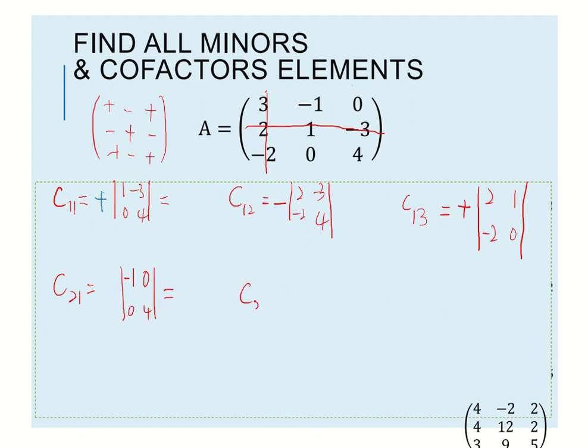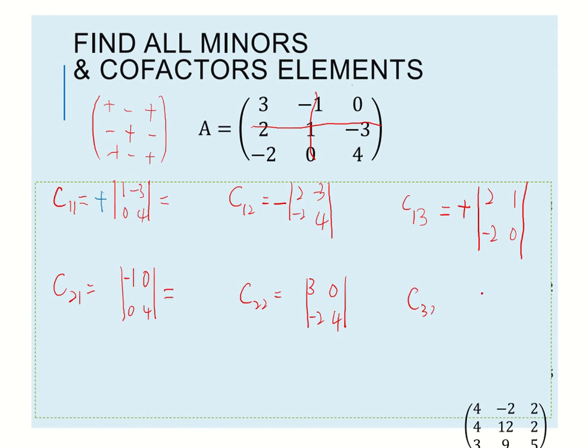Next, 2, 2. We delete the second row, second column: 3, 0, negative 2, 4.